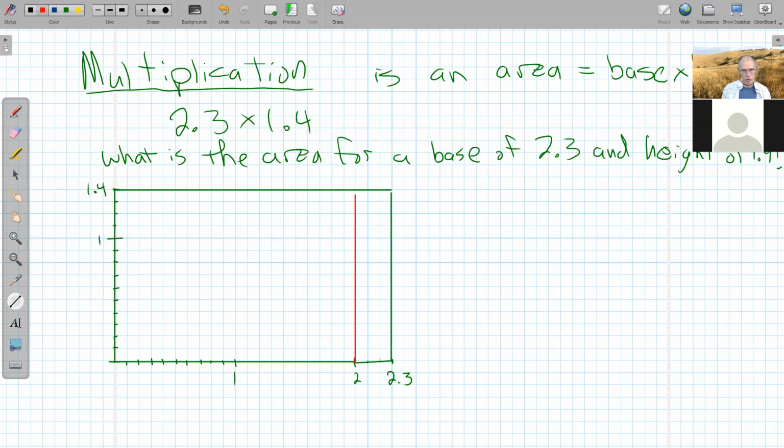The decimal point goes between the 2 and the 3/10 and the 1 and the 4/10. This splits it into 4 regions, and those 4 regions are related to our expanded algorithm, which we'll show in a minute. And then from there, really all we need to do is mark off the holes in the extra tenths. I don't need tenths everywhere, I just need them on the edges in the fractional parts of the number.